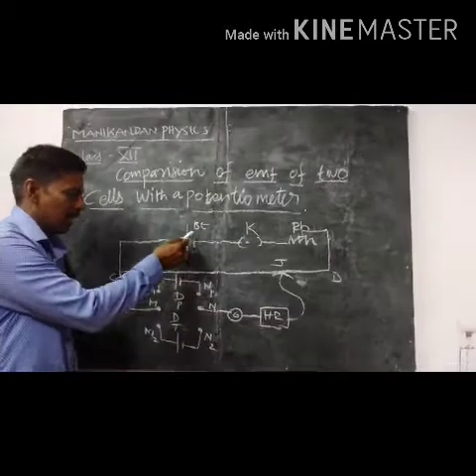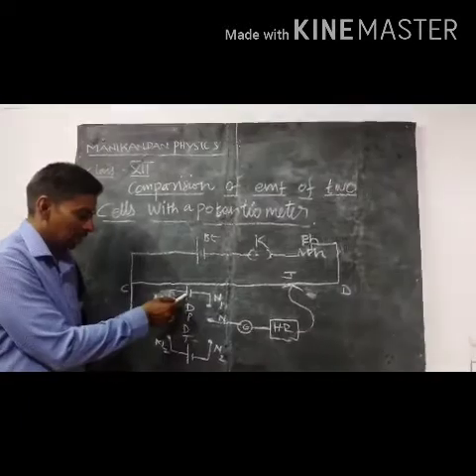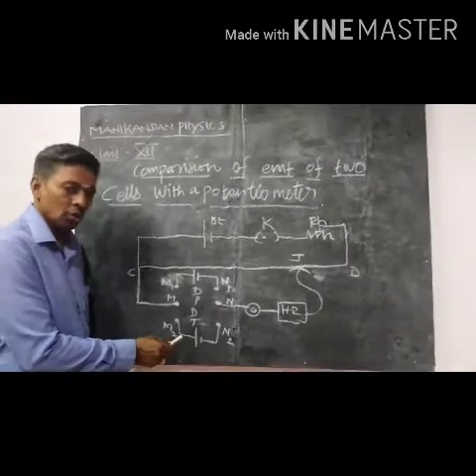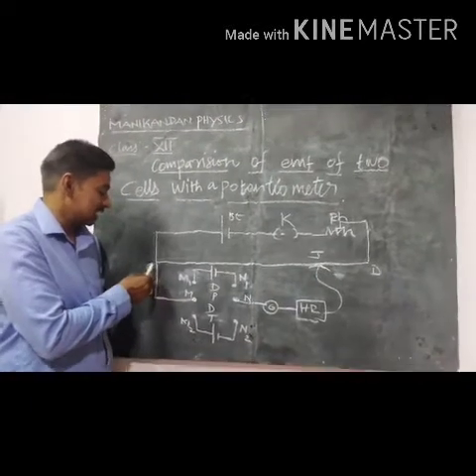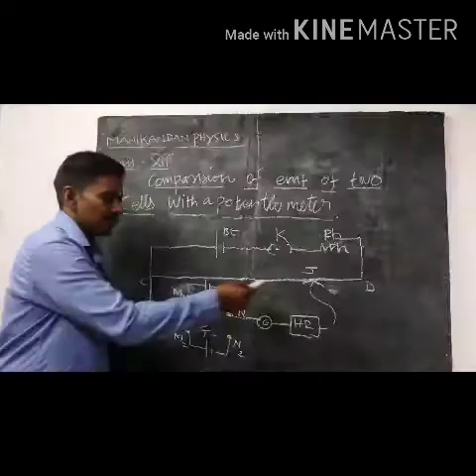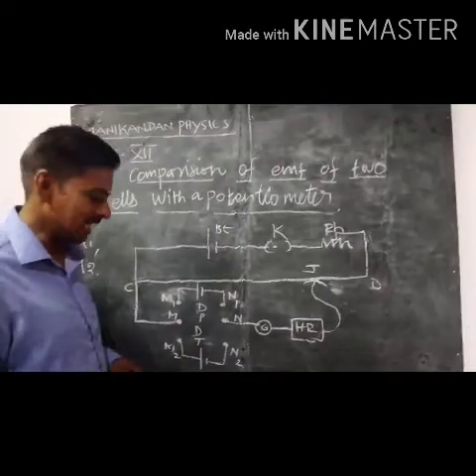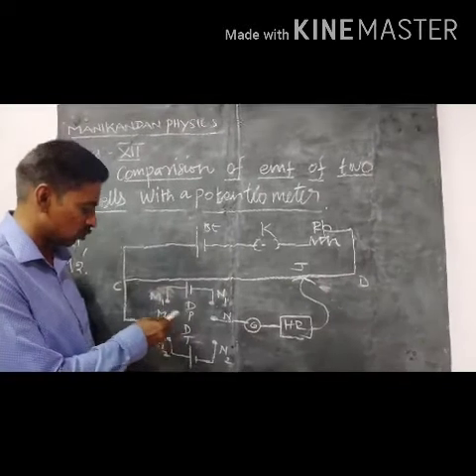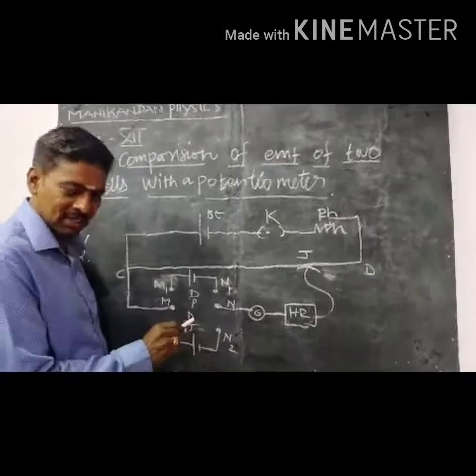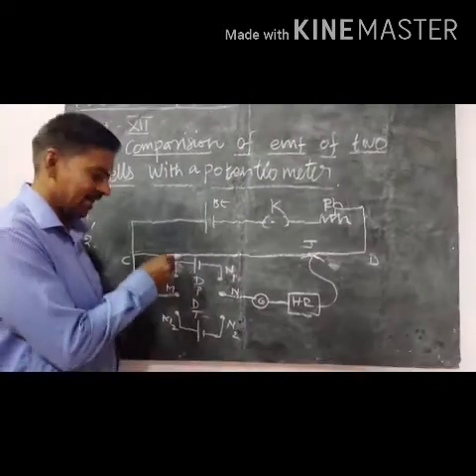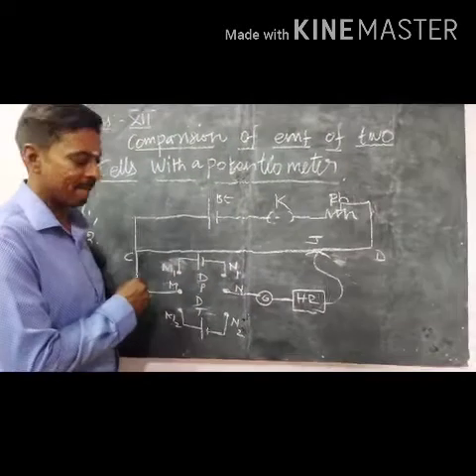The positive terminal of the battery and the positive terminals of cell 1 and cell 2 are connected to the C end of the potentiometer wire. The DP-DT switch is pressed towards M1 and N1 so that cell 1 is included in the secondary circuit.